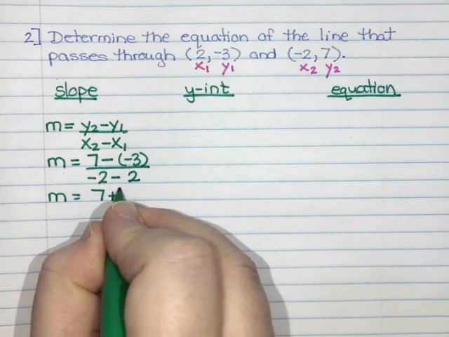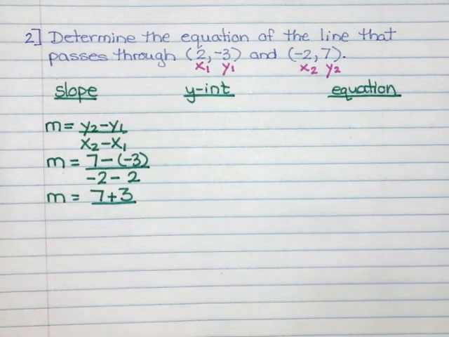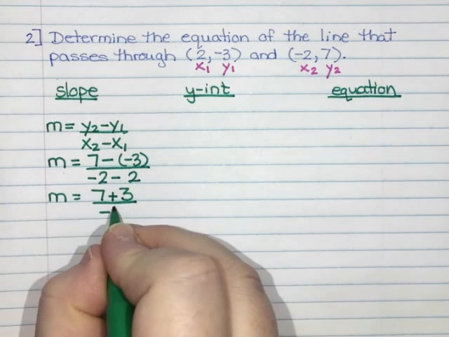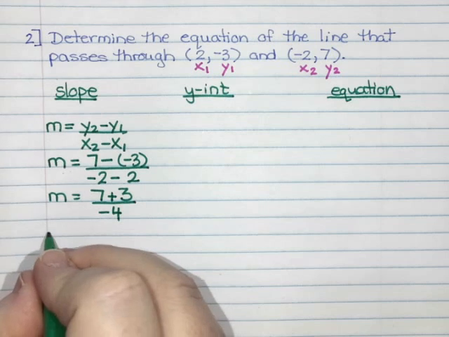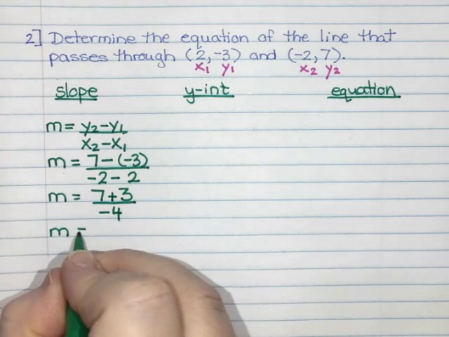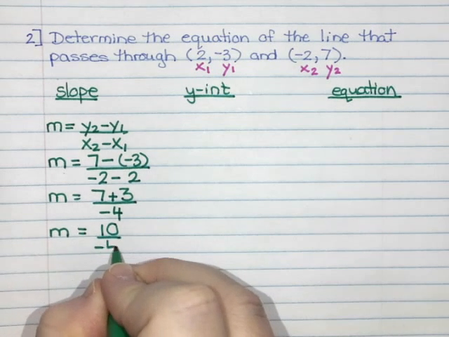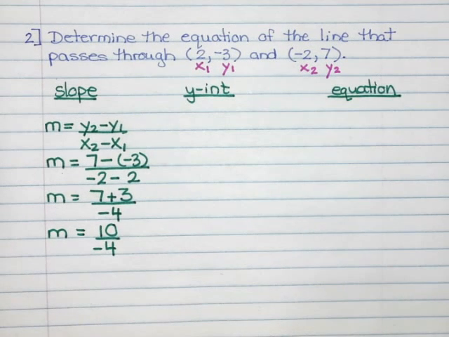If you want, you can just use your calculator to do that. -2 take away 2 is -4. Once again, if you need to use your calculator, that's okay. And then 7 plus 3 is 10, divided by -4. Does 10 divide evenly by -4? No, it gives me a decimal. So I'm going to try to leave it as a fraction, but we are going to see if it reduces.